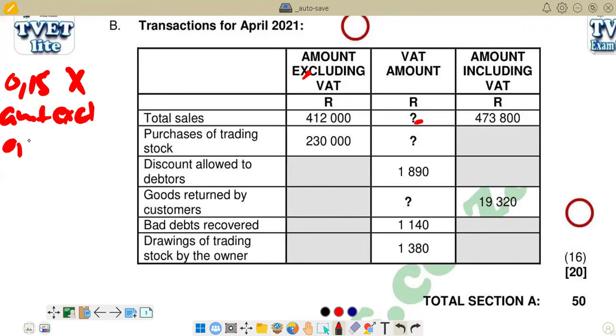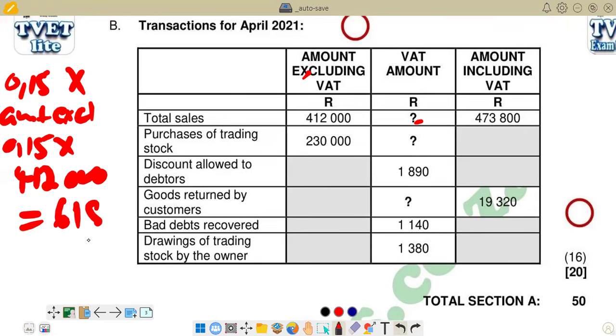In this case, we have got the amount excluding VAT, so you can easily get the VAT amount here. So we're going to say 0.15, and then we multiply by 412,000. Let's try to see what you get there. 0.15 times 412, and then we're going to get 61,800.